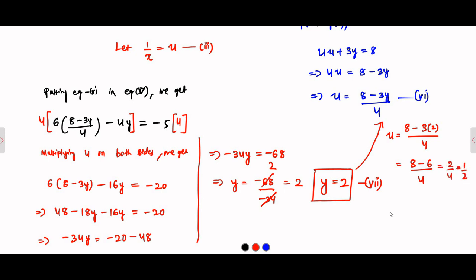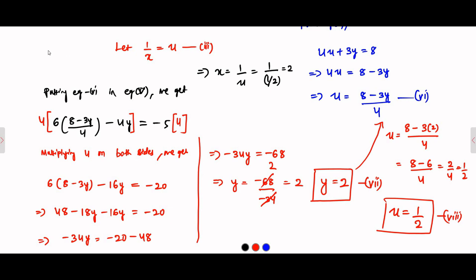That implies u is equal to 1 by 2. But here 1 by x is equal to u. That implies x is equal to 1 by u. So 1 by u is 1 by (1 by 2), which is equal to 2. So x is equal to 2.